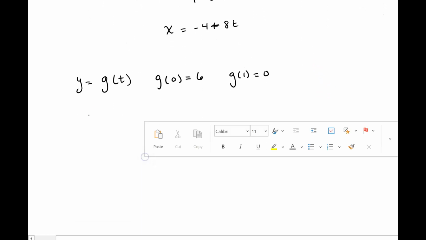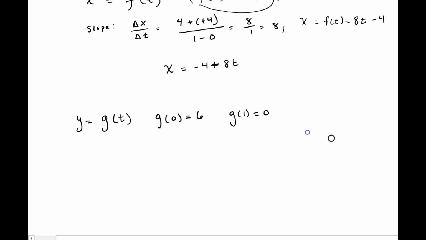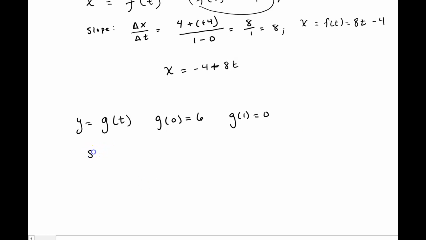Now let's take a look at the y one. Again I'm going to find the slope, which is delta y over delta t. This is going to be 0 minus 6 divided by 1 minus 0, which is negative 6 over 1, which is negative 6.